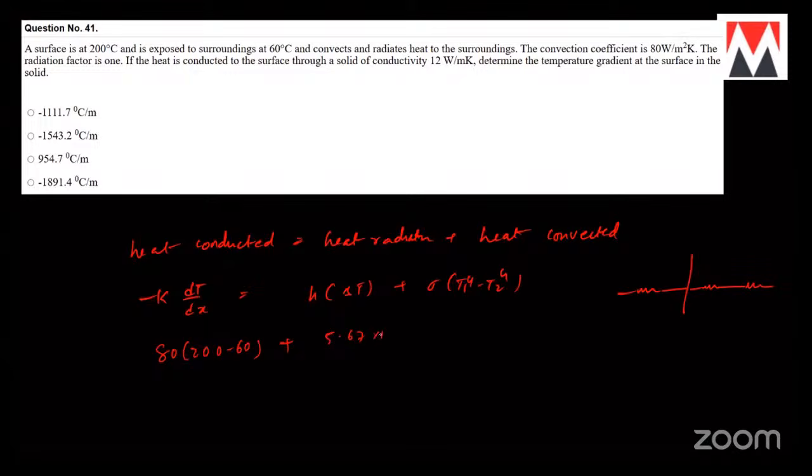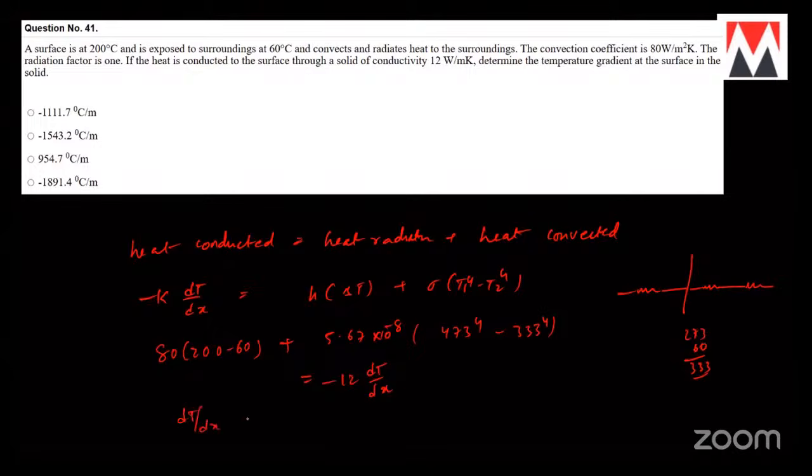10 power minus 8 into (473 power 4 minus (273 plus 60, that is 333) power 4) is equal to minus 12 into dT by dx. He's asking what is dT by dx.